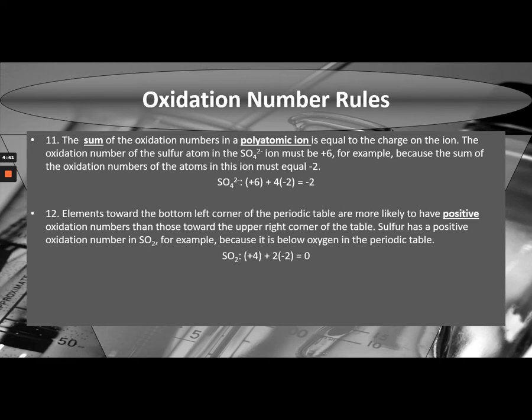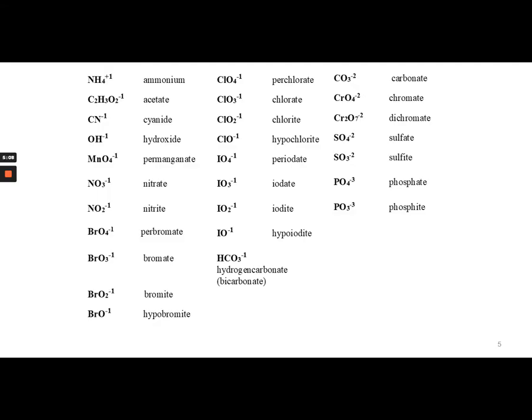Elements toward the bottom left corner of the periodic table are more likely to have positive oxidation numbers than those toward the bottom right corner of the table. Sulfur has a positive oxidation number in sulfur dioxide because it's below oxygen in the periodic table. The oxidation numbers of the polyatomic ions that you've seen before are the little superscript numbers.